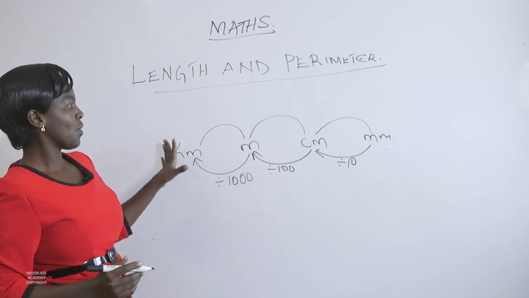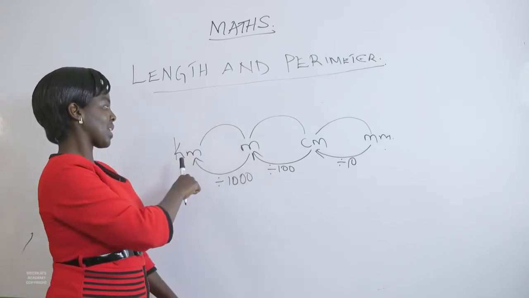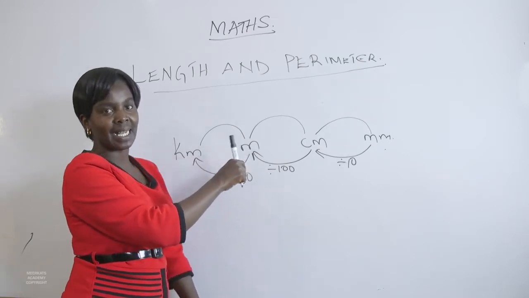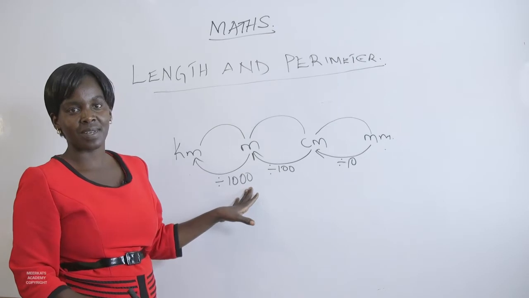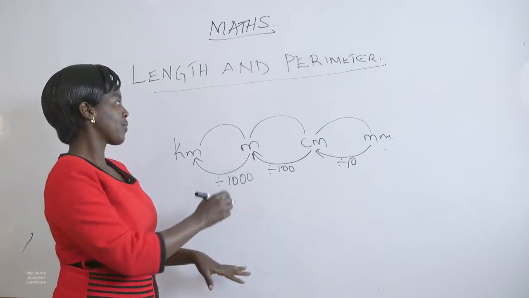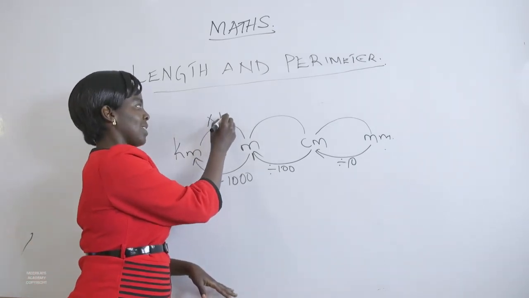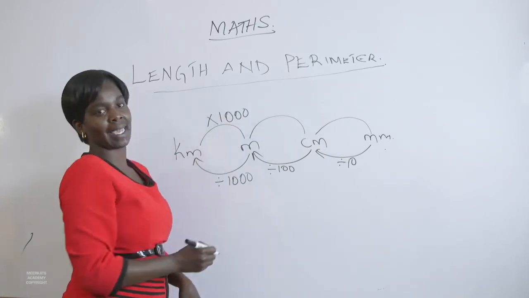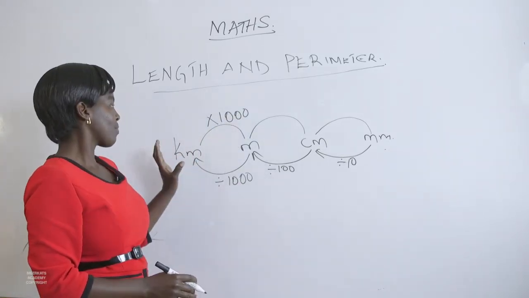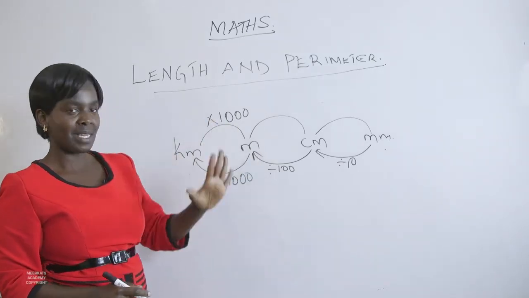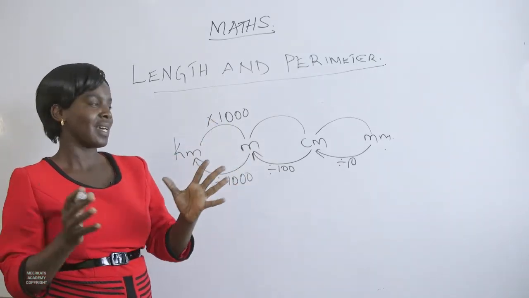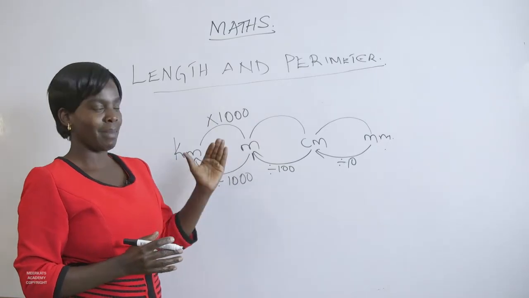But if we are supposed to go from this other end, because a kilometer is bigger than a meter, we will still use the difference of 1,000, but this time round we will be multiplying, because we are changing from a kilometer, which is a bigger value, to meters. That means the meters we are expecting will be more than the kilometers, so we multiply by 1,000.